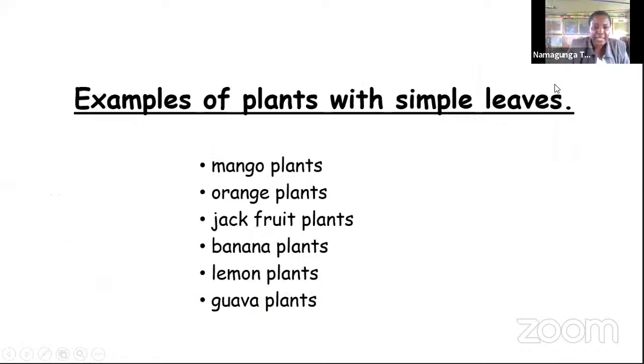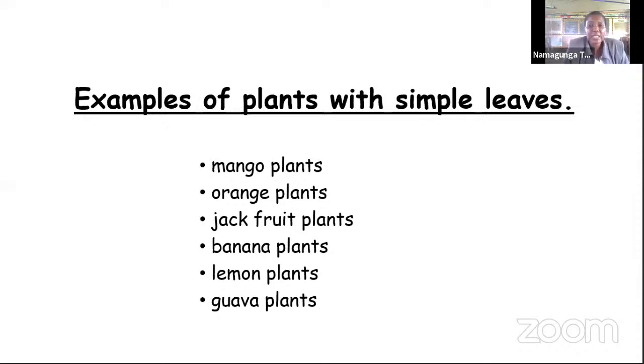We have more examples of plants with simple leaves. We have the mango, the oranges, jackfruits, banana plants, lemons, and others. So when you're at home, get a chance to look at the different leaves.